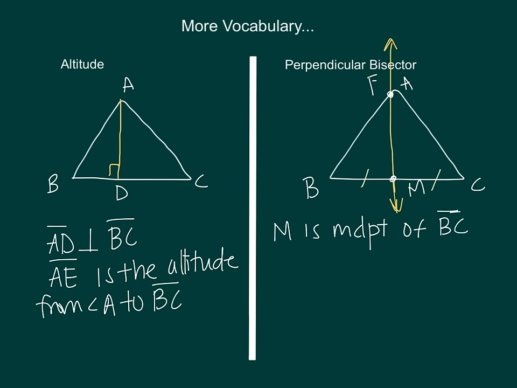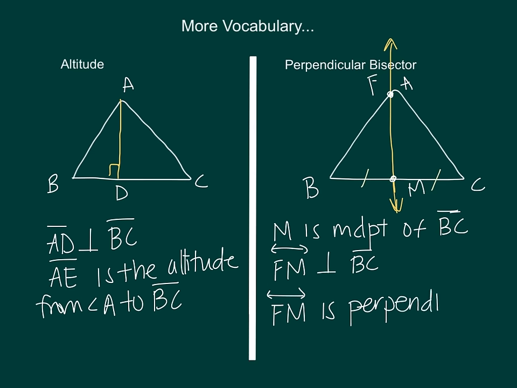I also know that line FM is perpendicular to segment BC. And so I know that line FM is the perpendicular bisector of segment BC in triangle ABC.